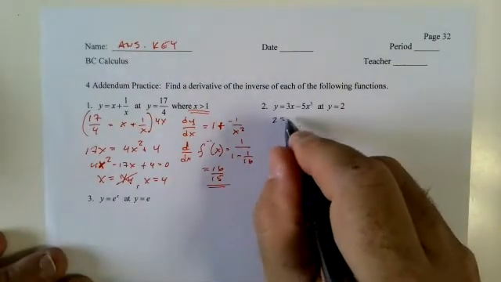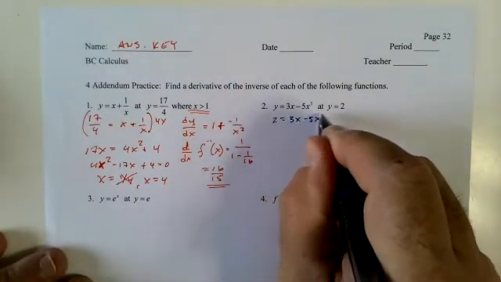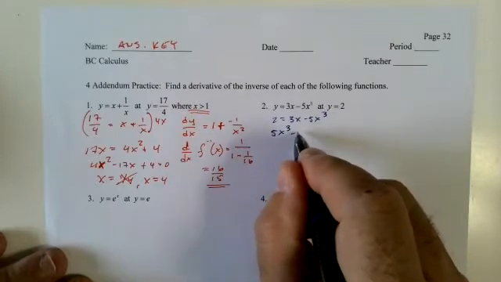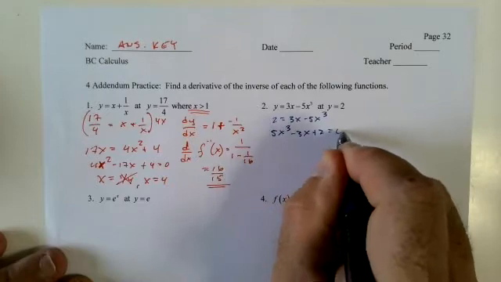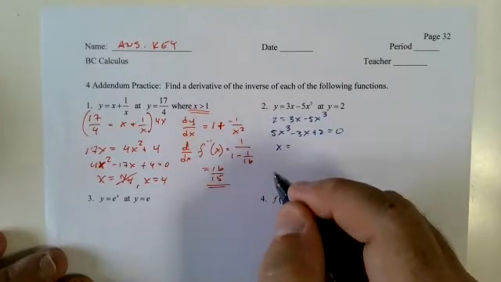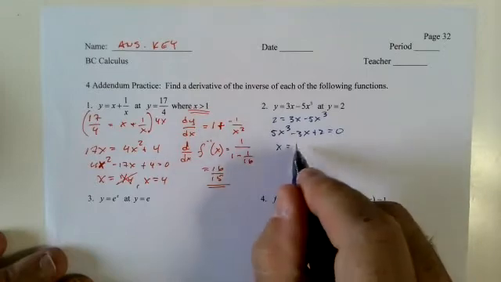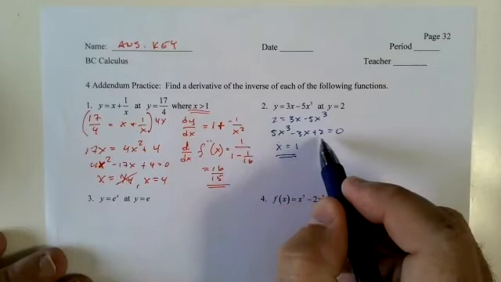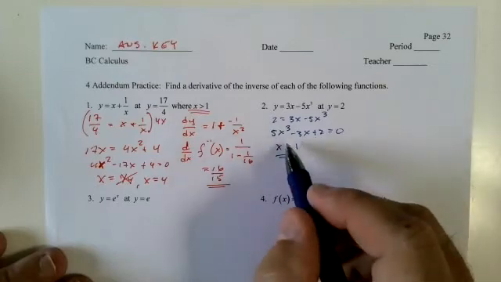So 2 equals 3x minus 5x to the third, 5x to the third minus 3x plus 2 equals 0, x equals 1. 5 minus 3 is 2 plus, that doesn't add up.